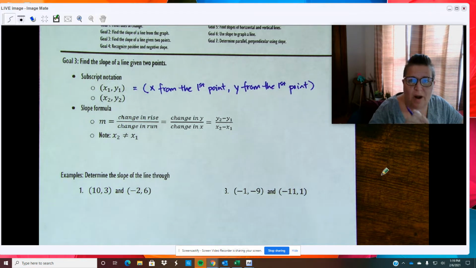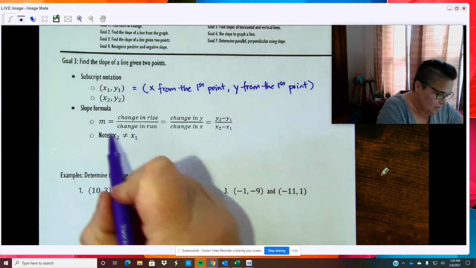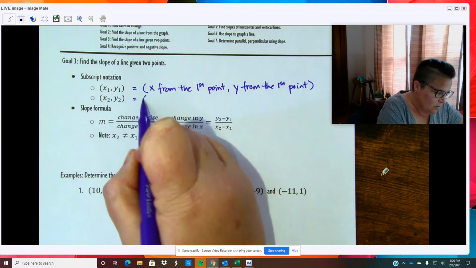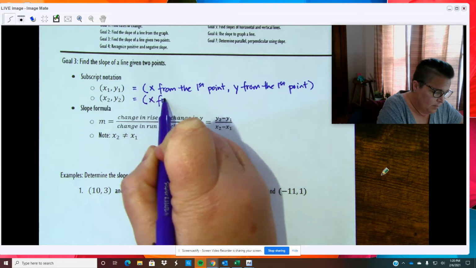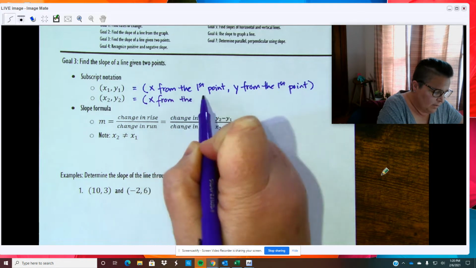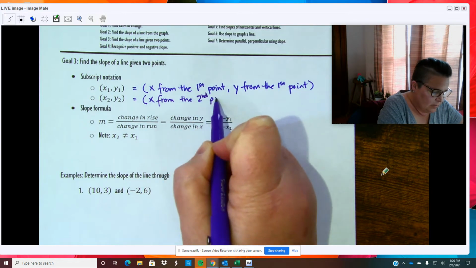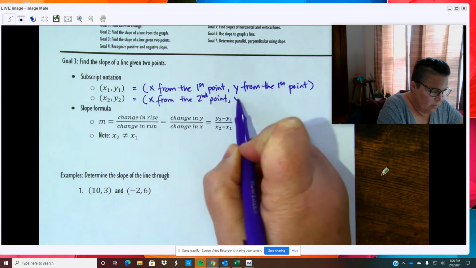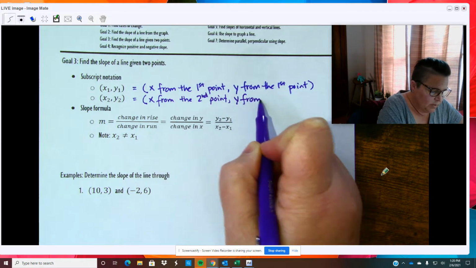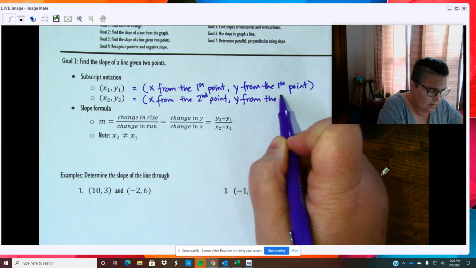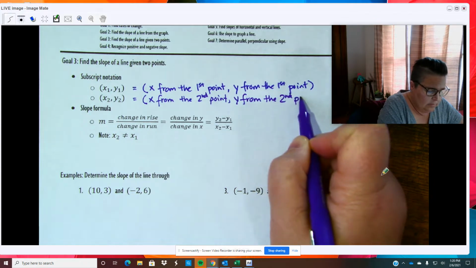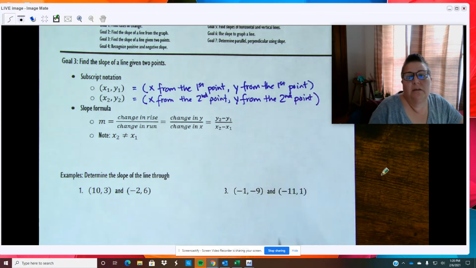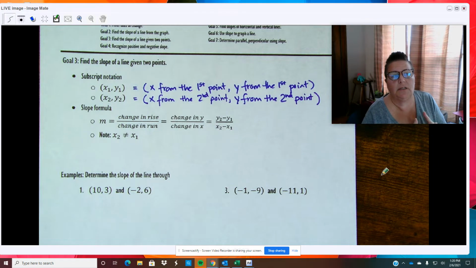Subscript, tiny, dropped down, right? So x2, y2 means x from the second point, y from the second point. So this is meant to be a cardinal number, not an ordinal number, meaning it's giving you placement, not value.